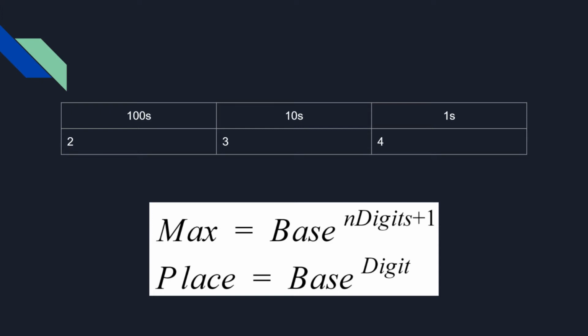We can also find out how big of a number we can hold in a limited number of digits by taking the value of the next digit and subtracting 1. So with 2 digits, we can only hold 99, since the next place is 100. And so if we subtract 1, we get 99. This formula will hold true for the other bases as well.